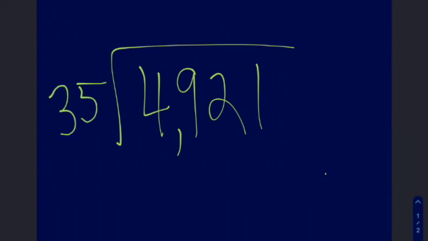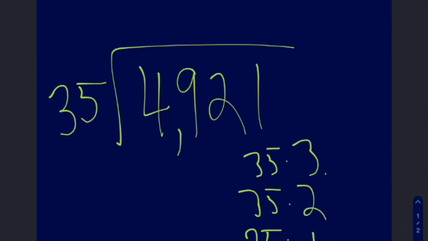I might want to go and make a tower. So making a tower would be 35 times 1, 35 times 2, 35 times 3, etc. Okay, so I know it'd be 35. 35 times 2 is 70. 35 times 3 would be 90 plus 15, so 105.